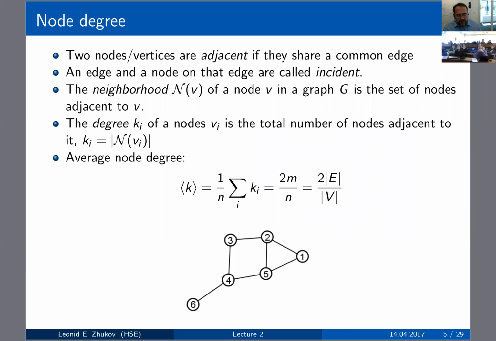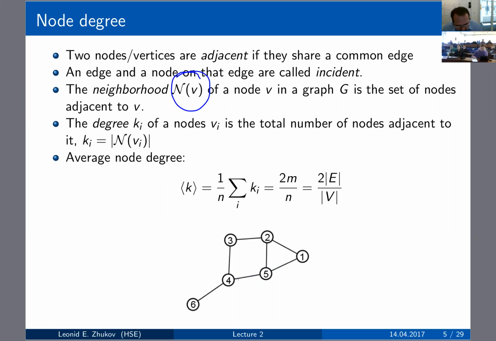An edge and a node on that edge are called incident. So if this is node 5, there are three incident edges for this node. Now, the neighborhood of a node, and we'll use this Greek n, is the set of nodes that are adjacent to a vertex. Again, a fairly obvious definition.